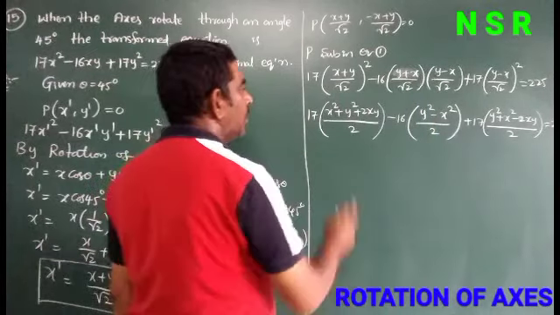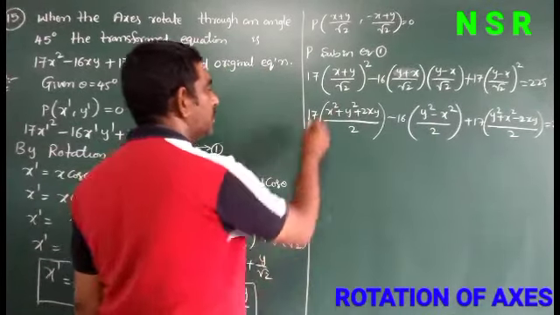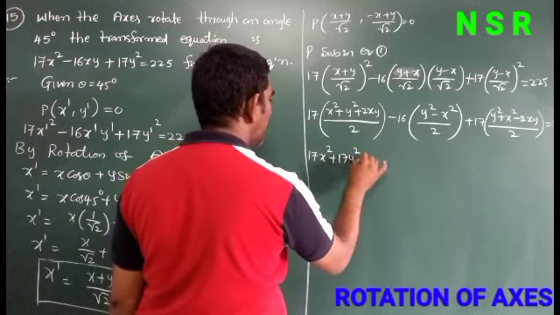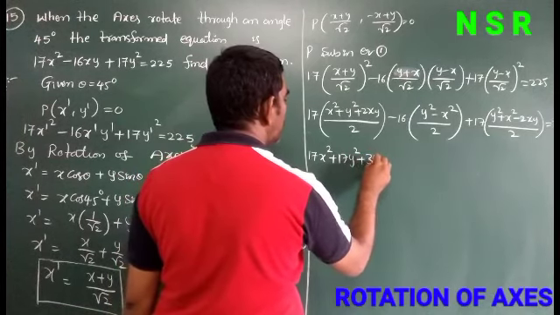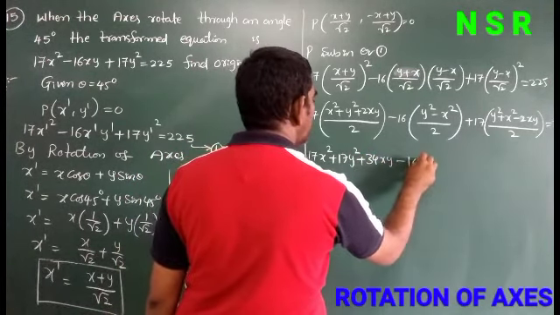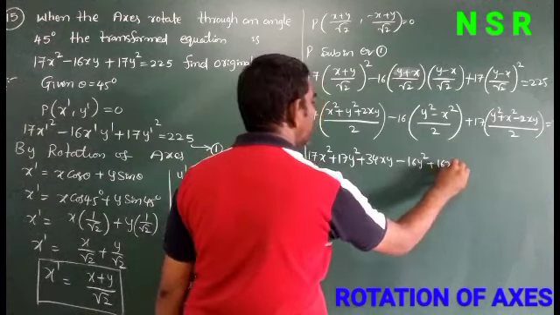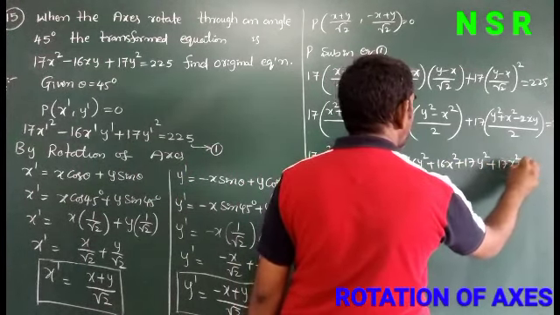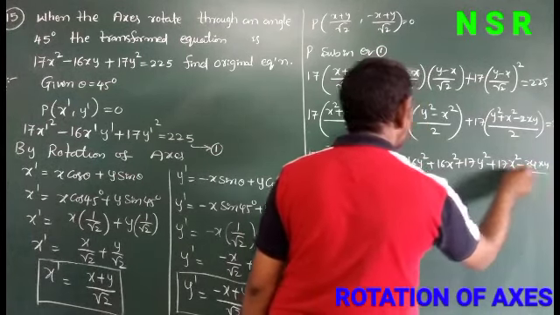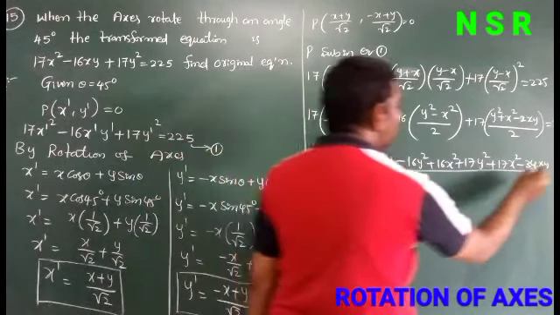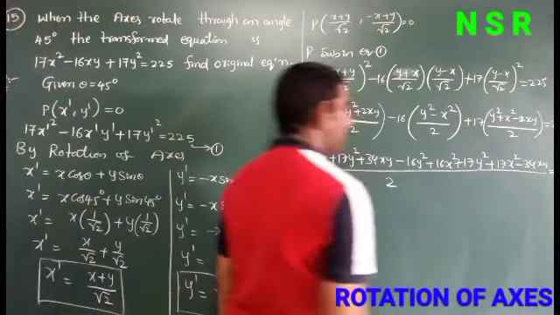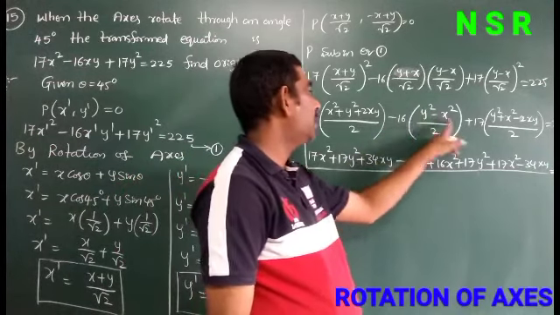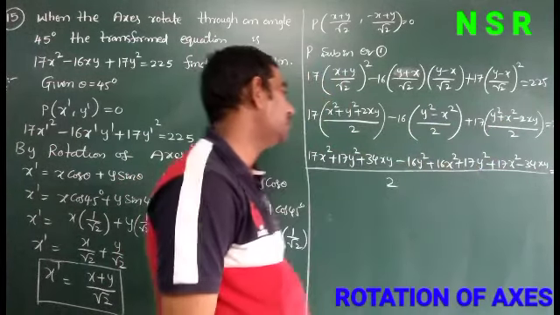Equal to 225. Now in all terms the LCM is 2, so multiply 17: 17x square plus 17y square plus 34xy, minus 16y square plus 16x square, plus 17y square plus 17x square minus 34xy, all by 2, equal to 225. Multiply 17 by each and every term, 16 by these two terms, and 17 by these three terms.